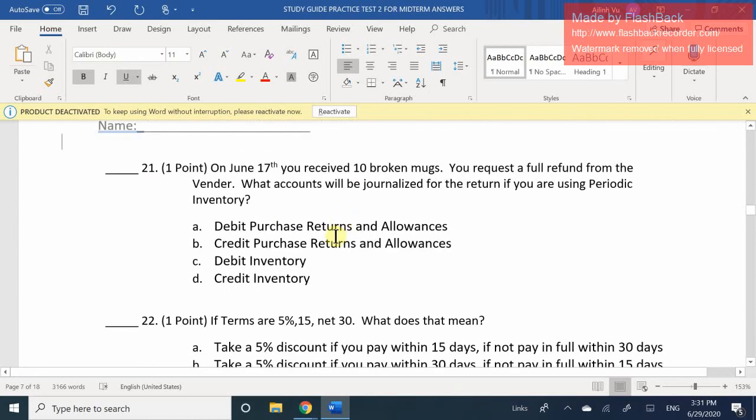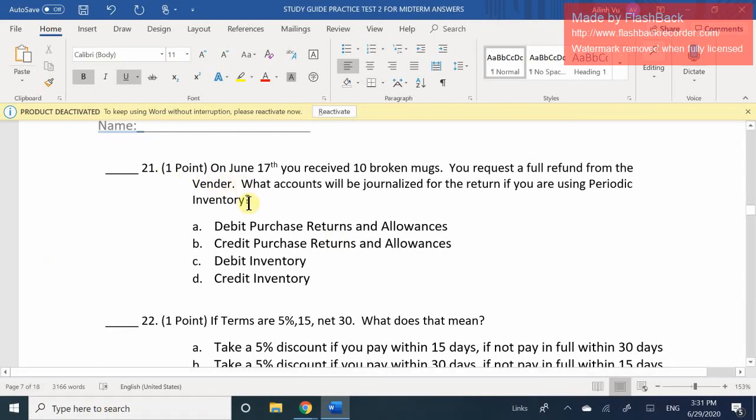All right. Number 21. On June 17, you received 10 broken mugs. You request a full refund from the vendor. I spelled vendor wrong. It's O-R, not E-R.